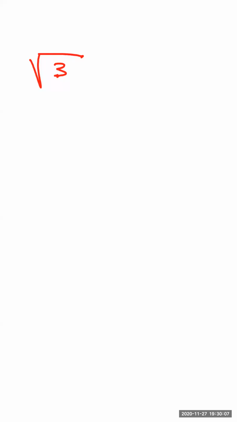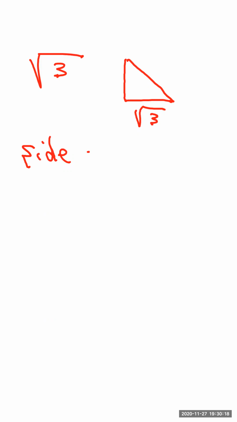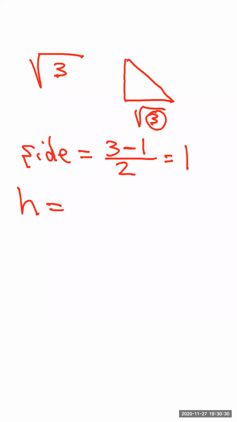We said that there is a triangle whose base is square root of 3, so the side will equal 3 minus 1 over 2, which equals 1, and the hypotenuse will equal 3 plus 1 over 2, so it will equal 2. Now this side equals 1, and the hypotenuse equals 2.